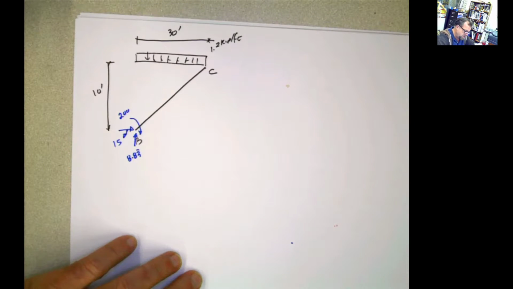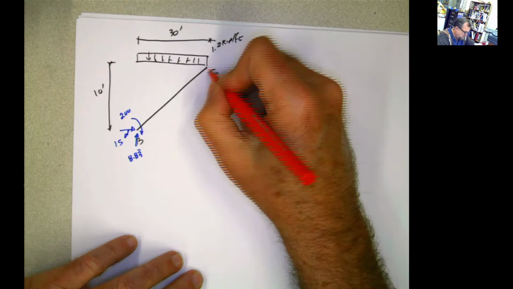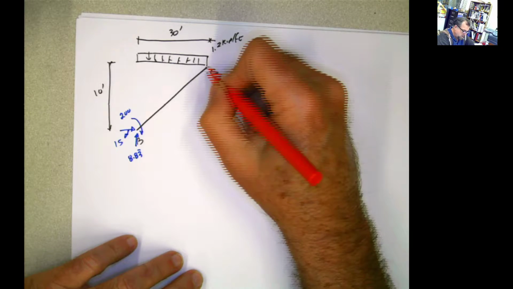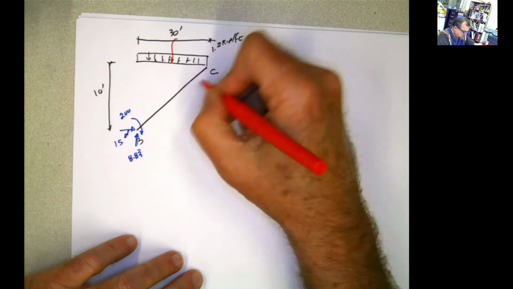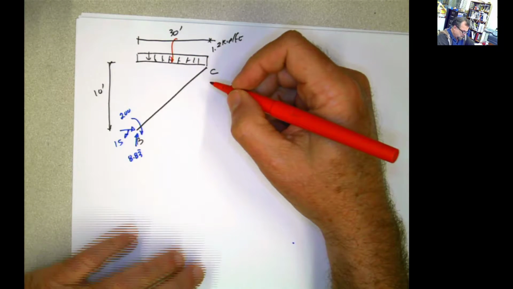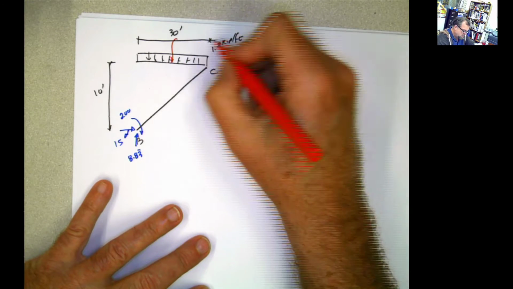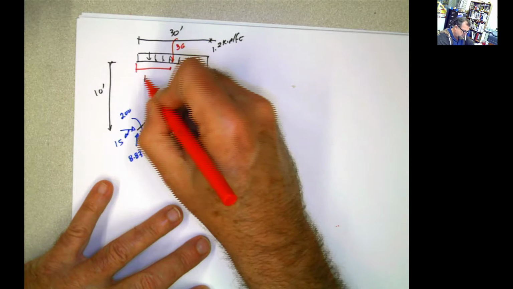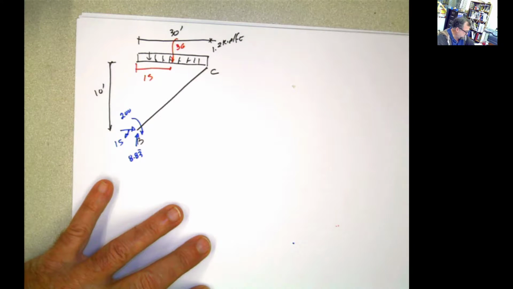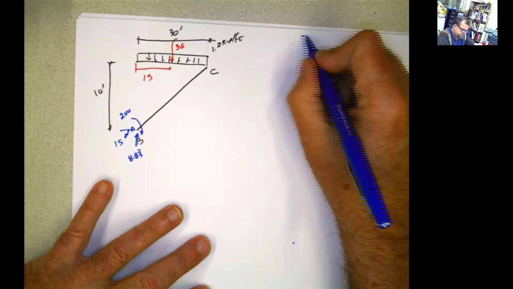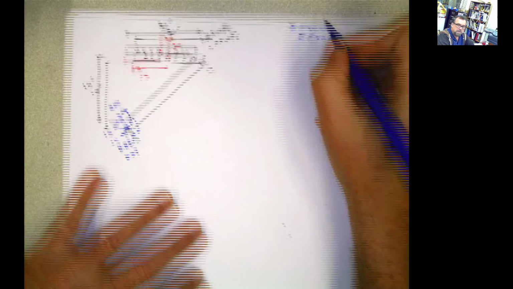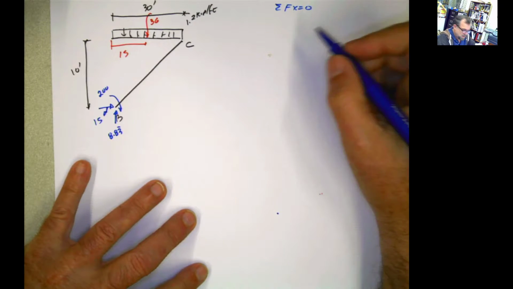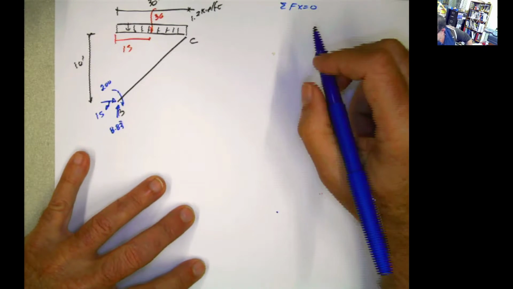Now, once we have that, we can come here and we can calculate these forces here, the end forces of the member here. Now this is going to be equal to 3 times 1.2, we say that 36 kips, and this distance is 15. So if I do summation of forces in x equals 0 here, what do you get?